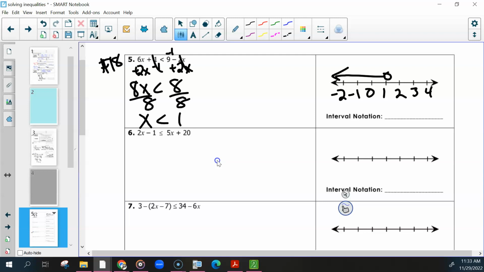Negative infinity. So parentheses, negative infinity. Where does this end? At 1. And would that be a parenthesis or a bracket? Parentheses, because it's open. So sometimes you'll have 2 parentheses, sometimes you'll have parenthesis, bracket, bracket, parenthesis. It depends on the direction.